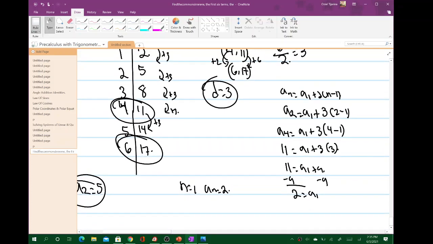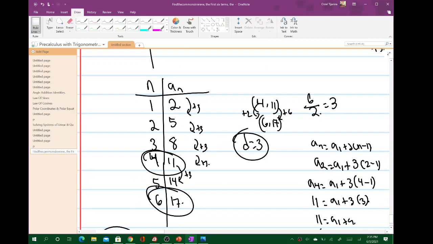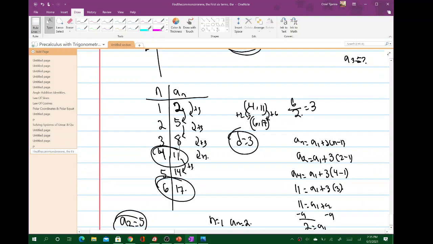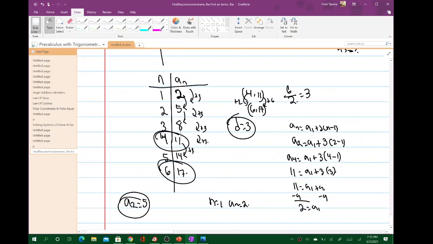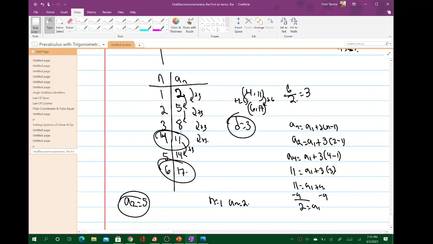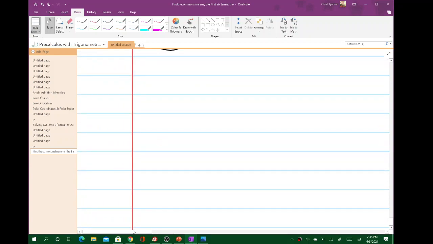Once you find that, the common difference is 3, so you just add 3 every single time like I did here. I'm just making sure we understand the different ways in which we can solve this problem, because this one is a little bit interesting. It's not like the ones we're always given. It's a very interesting problem that the book has.